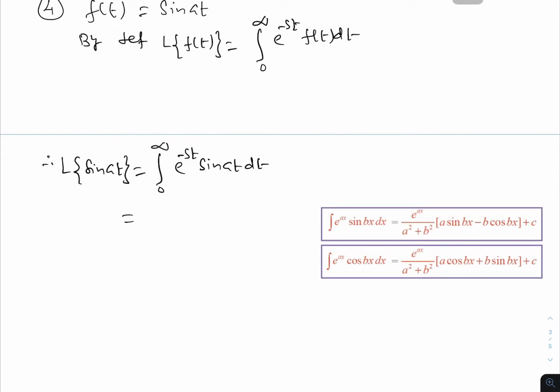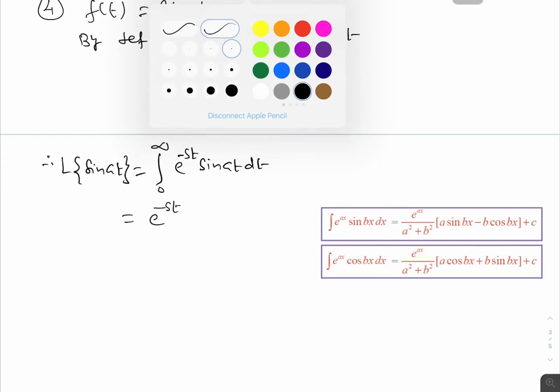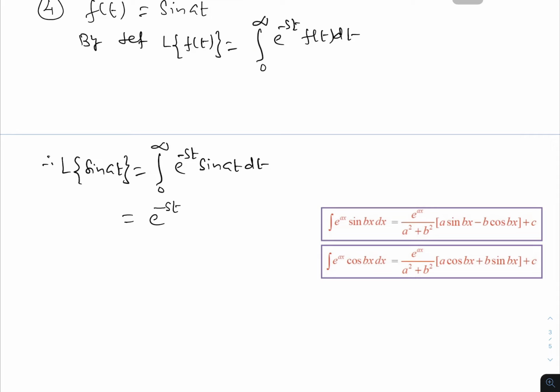So we use this formula to solve this part. Let us use that formula, and that is e power minus st. If we compare these two formulas, then we have a as minus s and b as a.